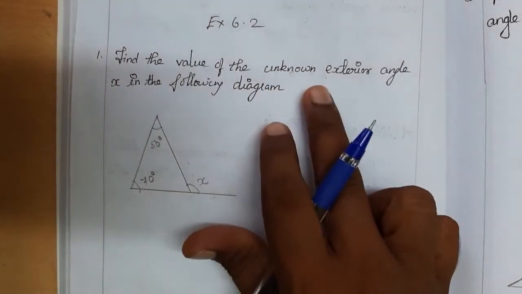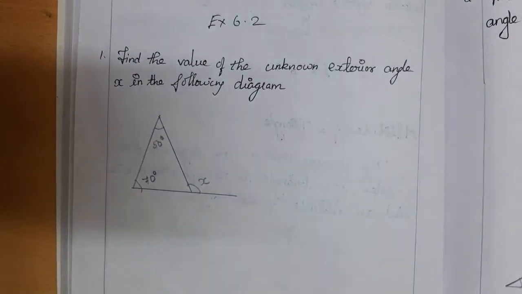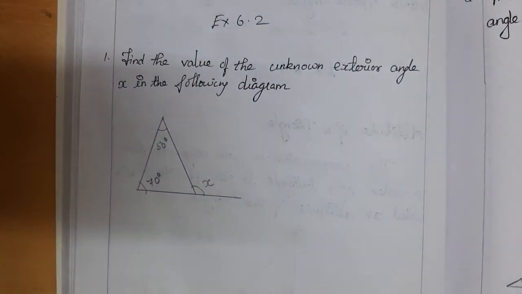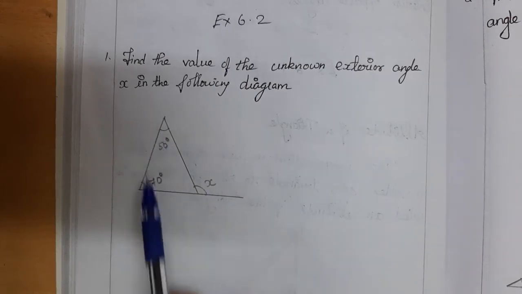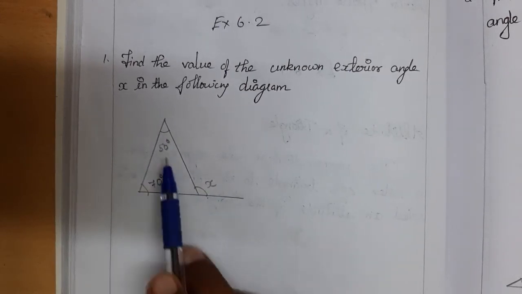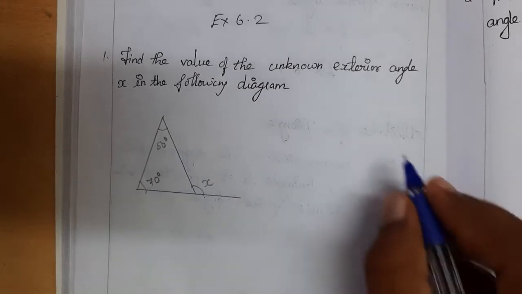So here we go for the next problem. Find the value of the unknown exterior angle x in the following diagram. Here we have to use the exterior angle property. We already know that the exterior angle is the sum of the interior opposite angles, right? In the first problem, the exterior angle is given as x and the interiors are given as 50 and 70.